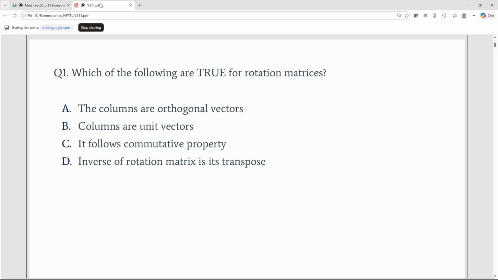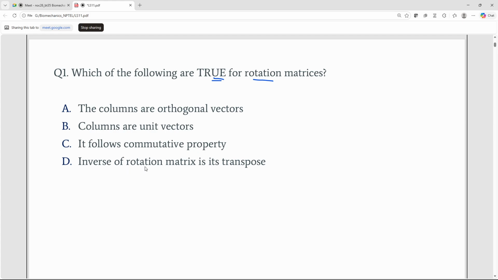The first question is on rotation matrices. Which among the following statements are true regarding rotation matrices? Option A, the columns are orthogonal vectors. Option B, the columns are unit vectors. Option C, it follows the commutative property.